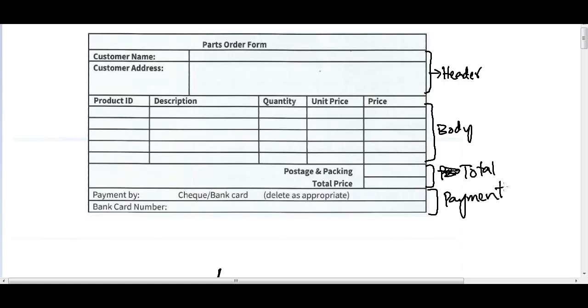So for each of these sections, for the top 2 sections, for the header and the body, we are going to be collecting data, right? So for the header, for example, we're going to be collecting the customer name and the customer address.